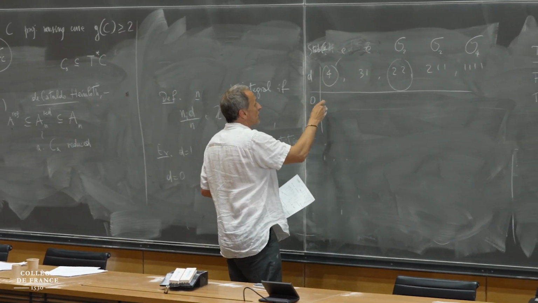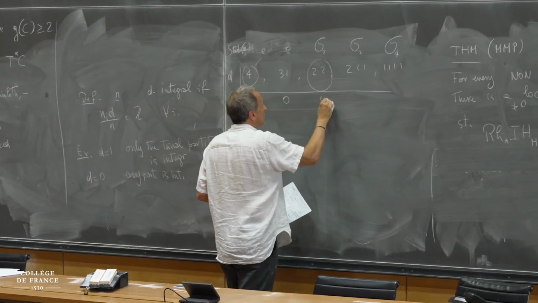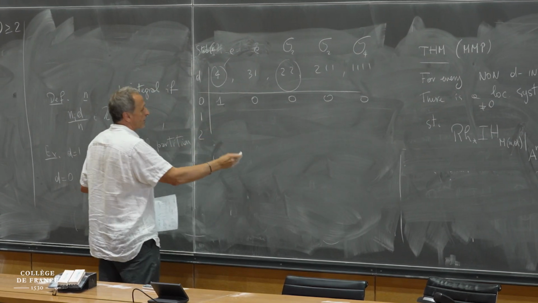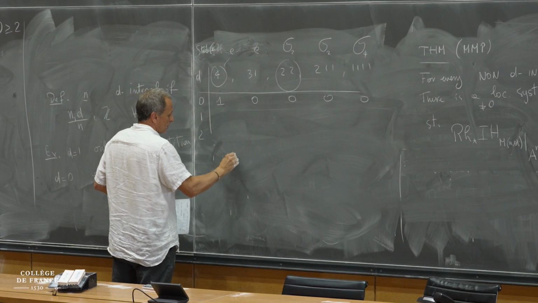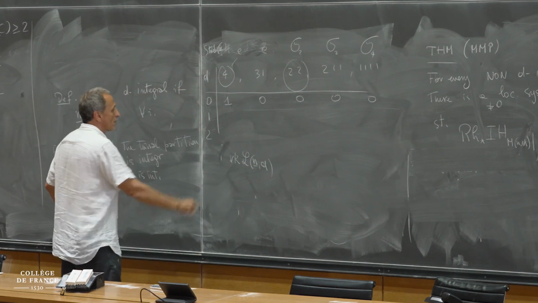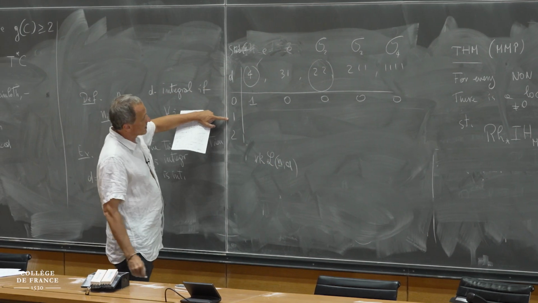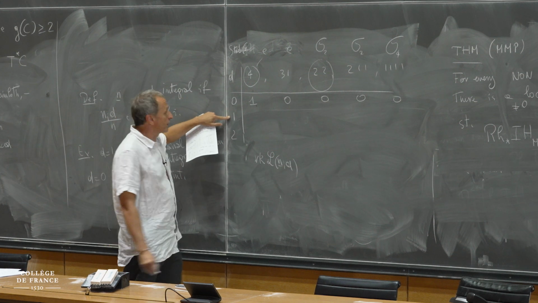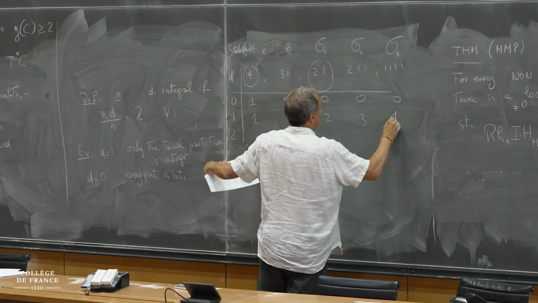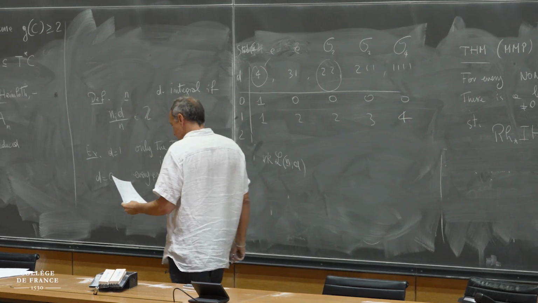So in degree 0, as I said, there is only the full support. Here I write the rank of this L and D. In degree 1, as I said, the rank is the length of the partition. So 1, 2, 2, 3, 4.